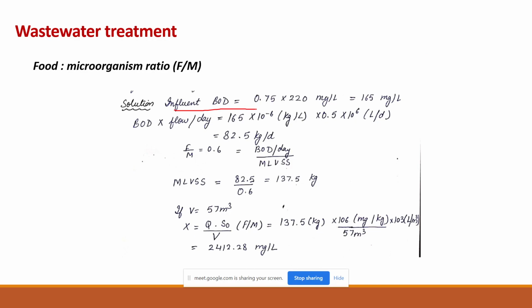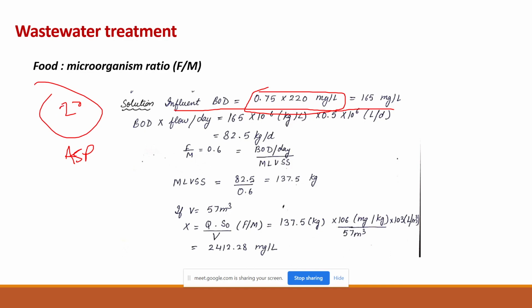So influent BOD is 0.75 into 220 mg per liter. Why is this so? Because we are talking here about the secondary unit process, that was your activated sludge process, right?